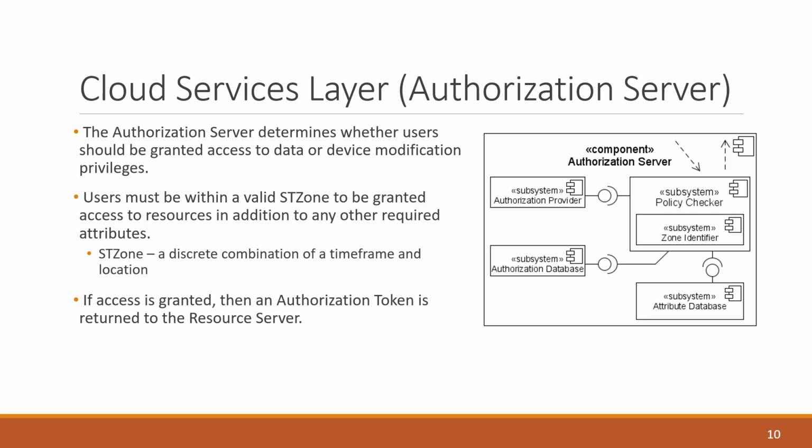Based on the ST zone of a person, that is the combination of the time they're requesting access and the location from which they're requesting it, it'll look at that and at other factors like their role in the system and what kind of activity they're trying to do. It'll make a decision as to whether a person should be able to get the access to do the thing they want to do within the system.